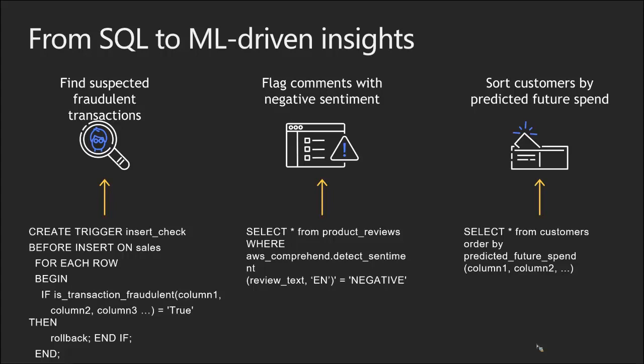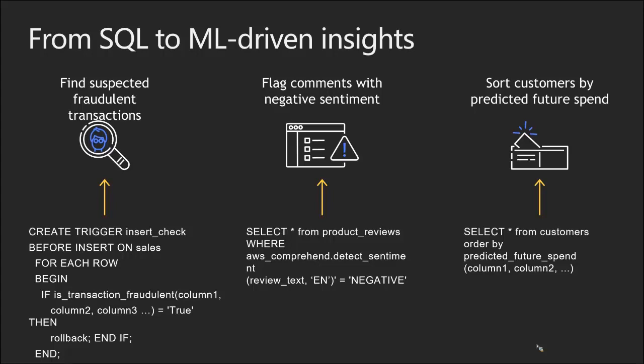A third example is in the area of classification. So here I have, let's say, a lot of customers, and I want to try to predict which of them are likely to be big future spenders. So I classify my customers based on data that I have about them in my database.